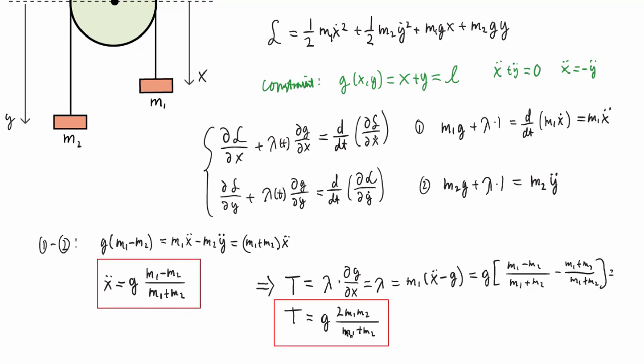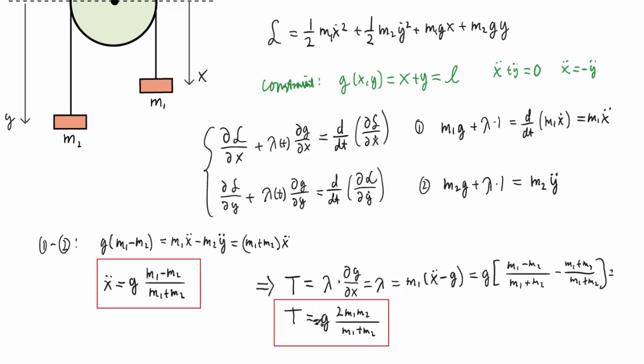We can see that that is a reasonable force. Oh, there's a minus sign in front of here too. That needs to be mentioned. That if the two masses are equal, then the tension will just be mg in the strings here, just like what you'd expect.